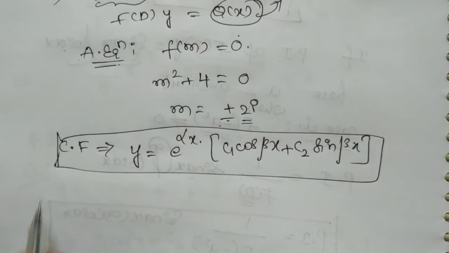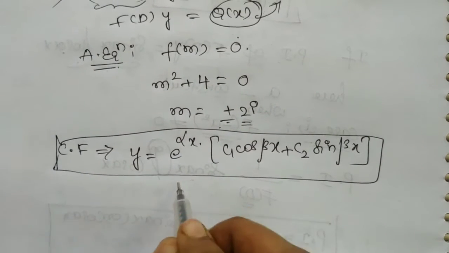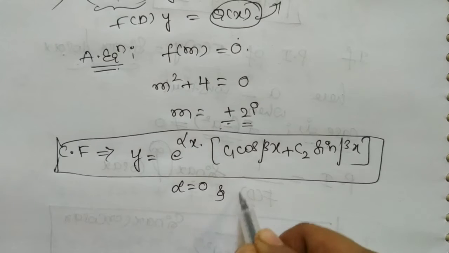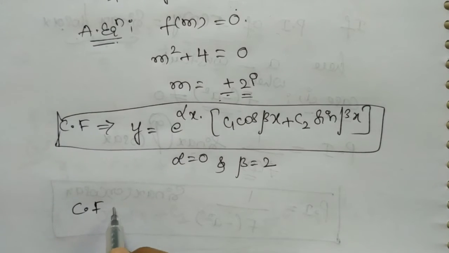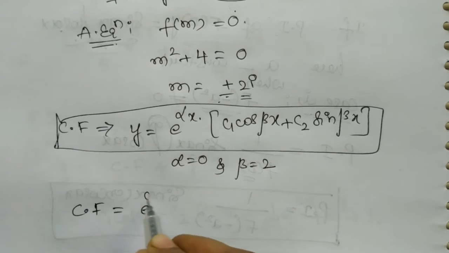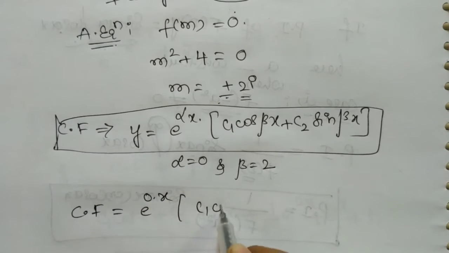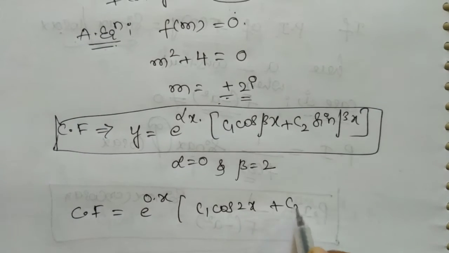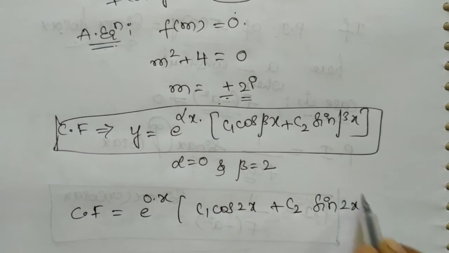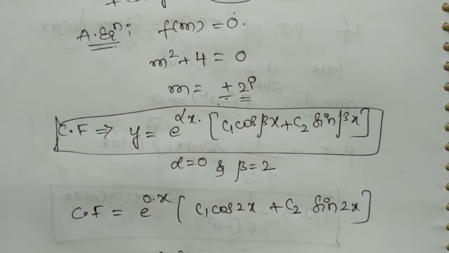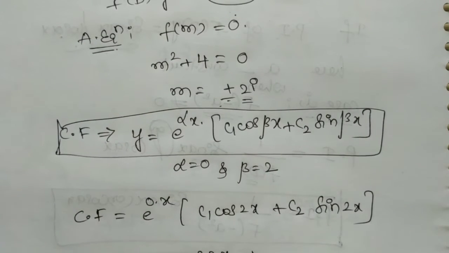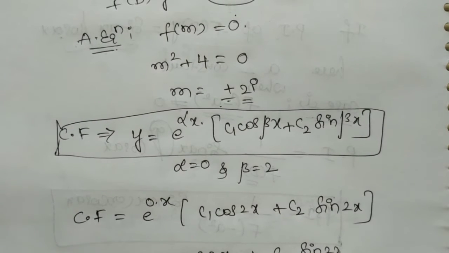Substituting alpha equals 0 and beta equals 2, the complementary function is e power 0x into c1 cos 2x plus c2 sin 2x. Since e power 0 is 1, it is c1 cos 2x plus c2 sin 2x.